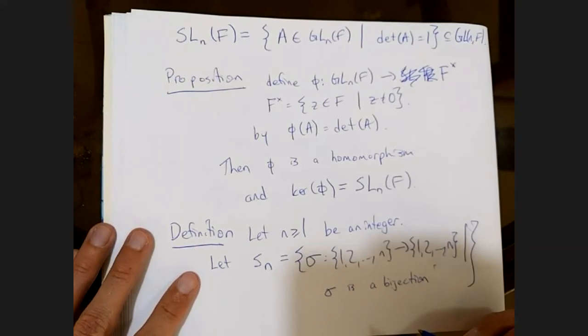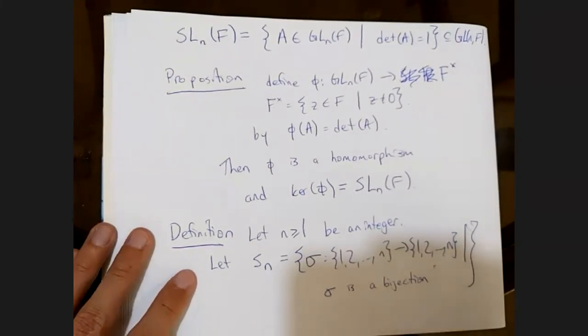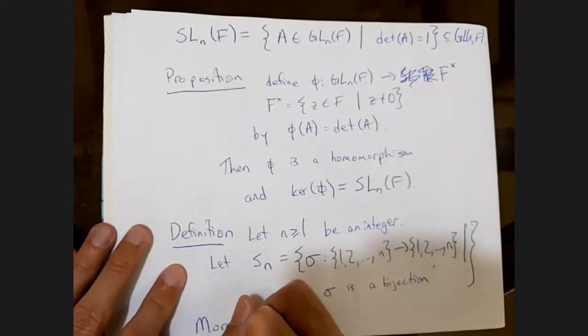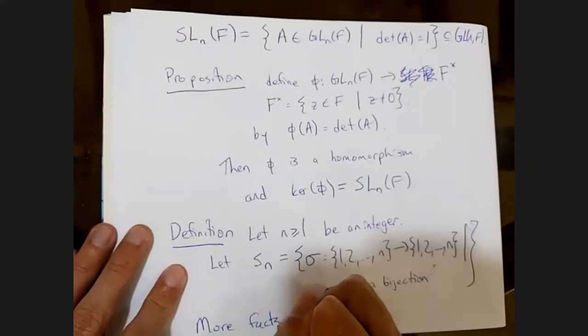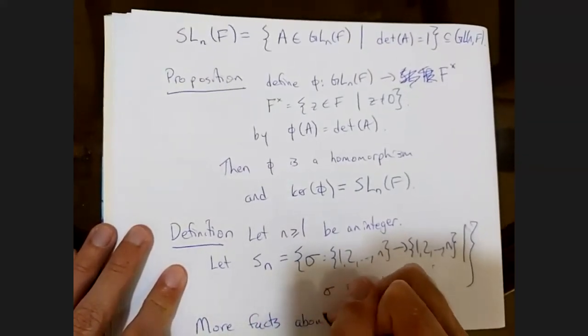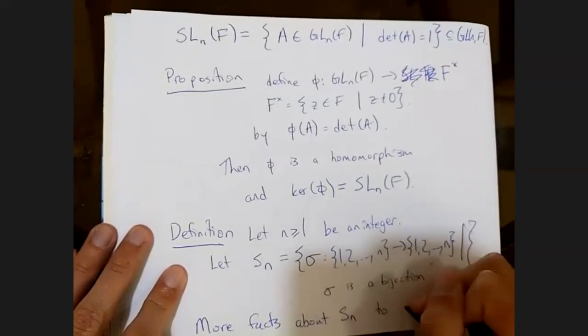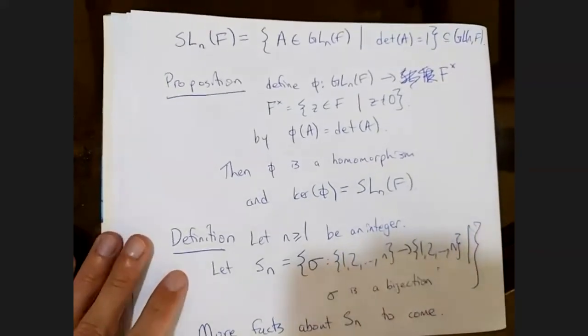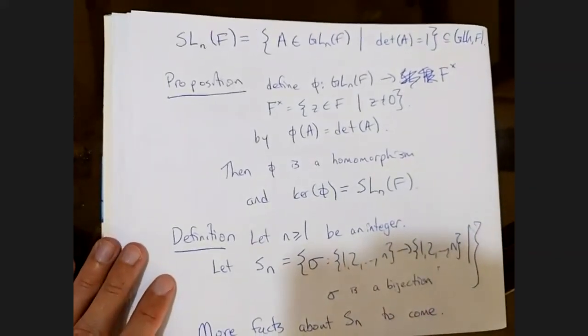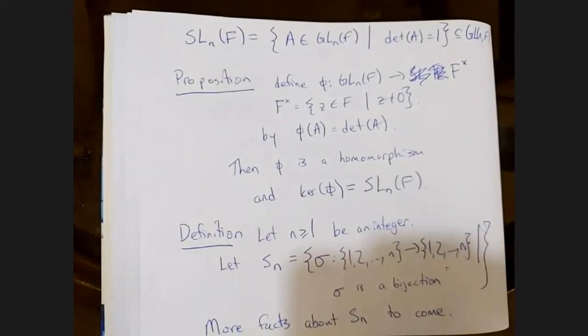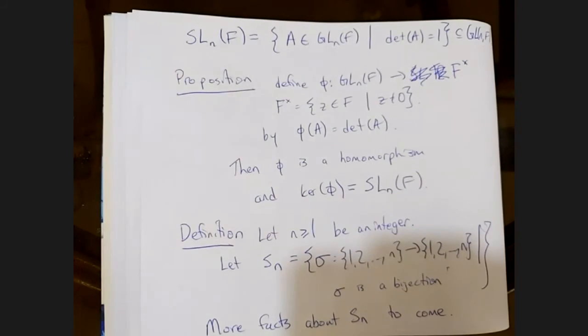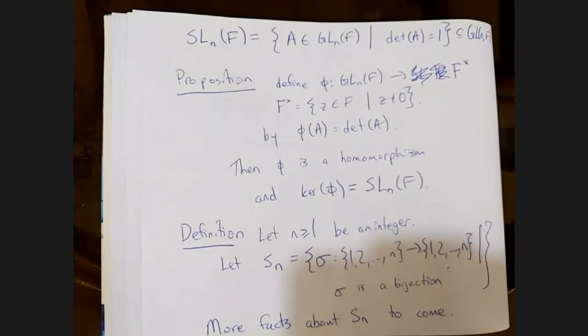So, more facts about S n to come. And with that example, we now will have a healthy stable of examples so that we can talk about interesting properties of groups.